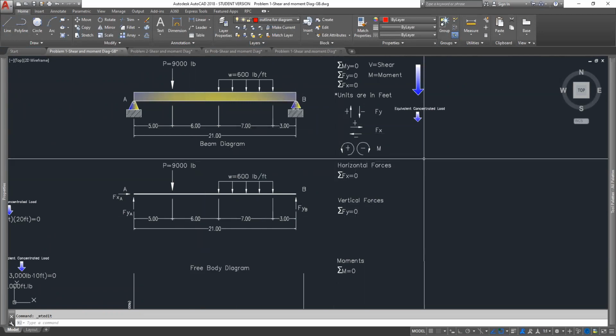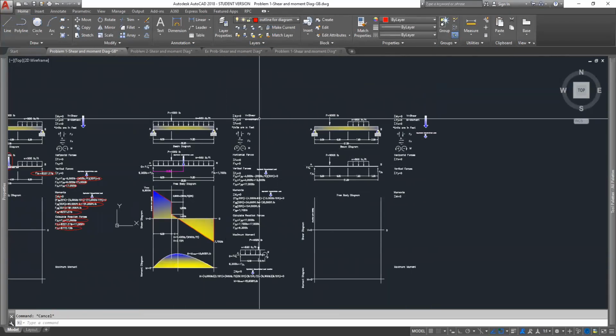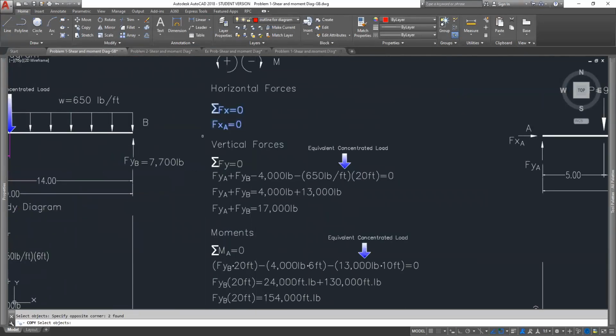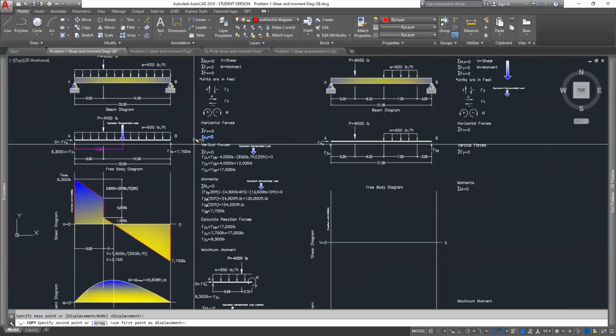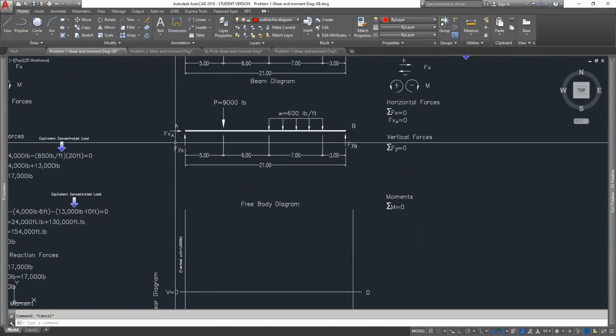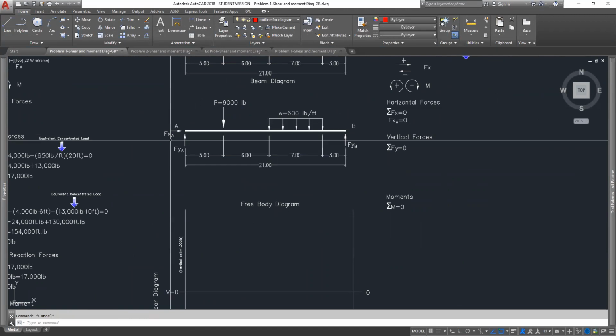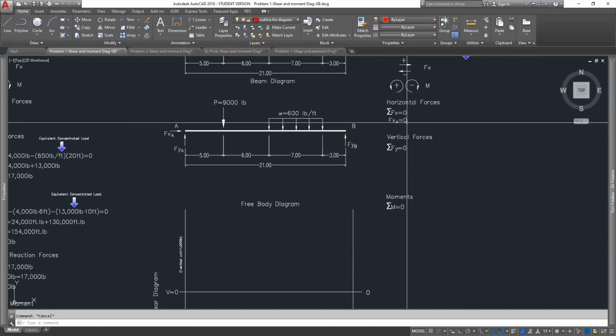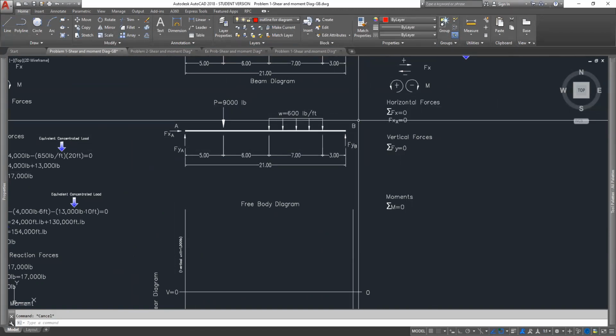So what we're going to do at that point is take this one here, and we can make the assumption, since it is the only force on there, that the horizontal force at A is equal to 0. There are no other forces to counteract it.